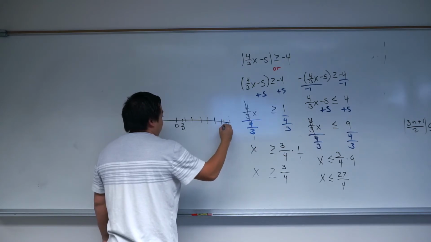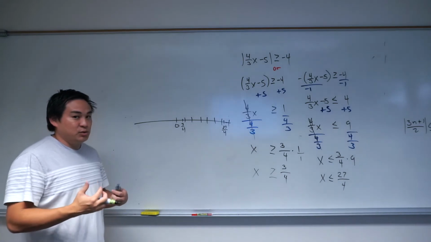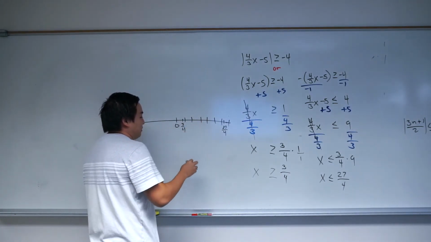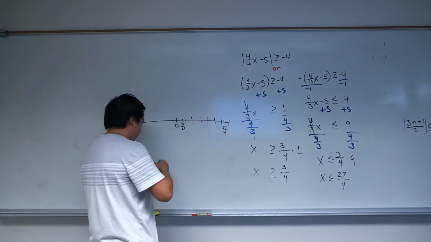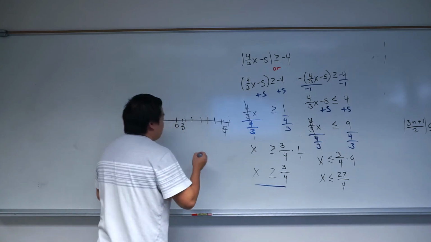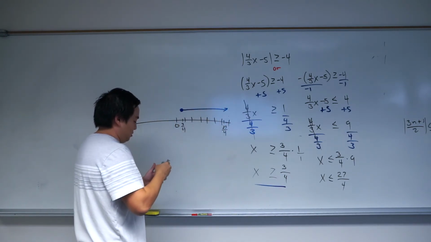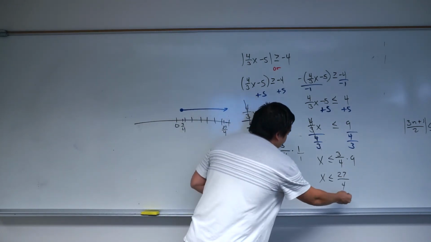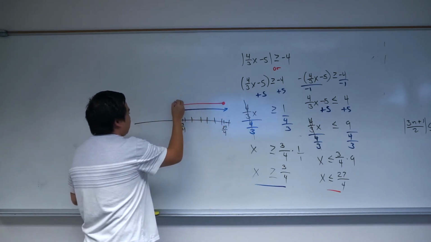So it's somewhere over there. Okay. Remember, this graphing is just a visual aid, so you just need to know where they are. So make them relatively nice, but it doesn't have to be perfect. So above 3 over 4, and then this one is below or equal to 27 over 4.